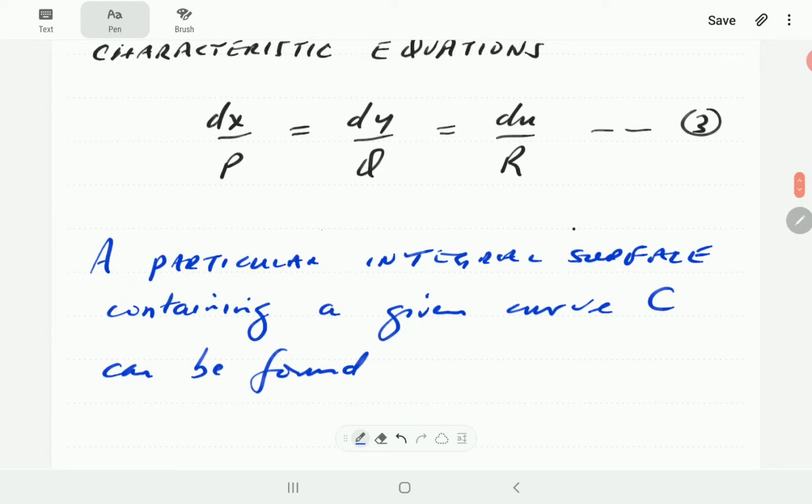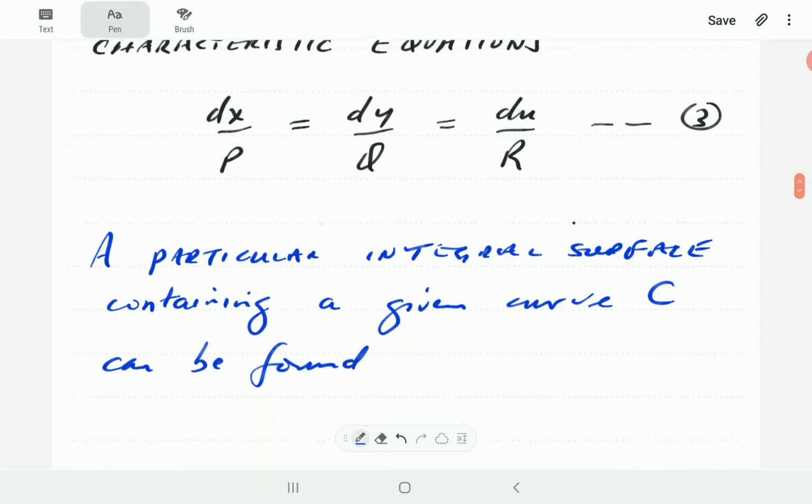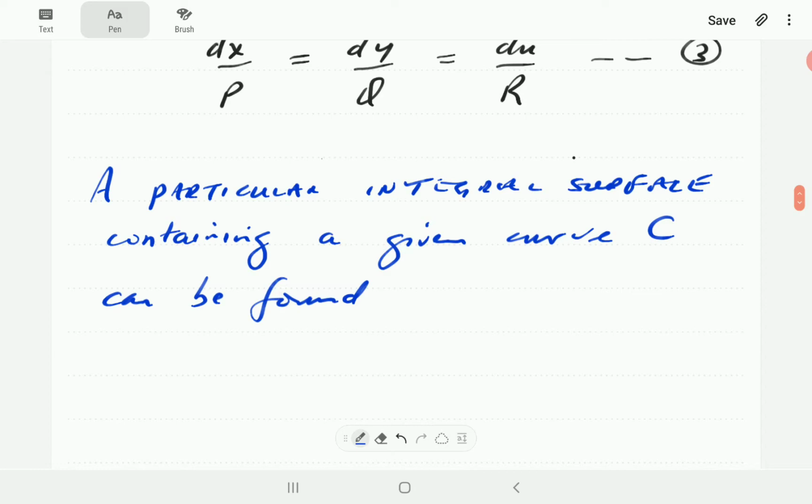This integral surface is going to be an integral surface of equation 1, of course.